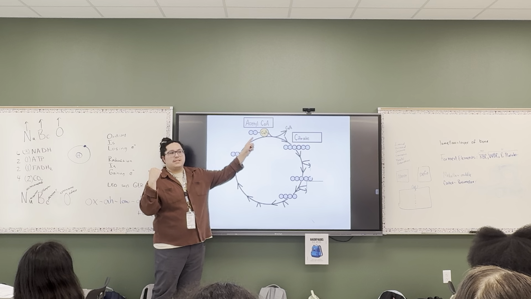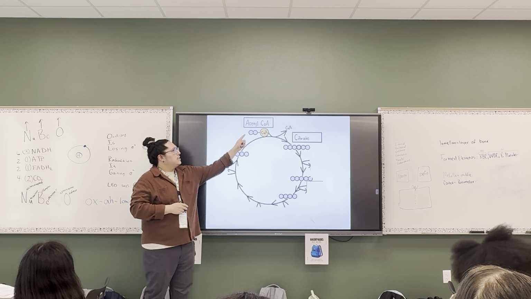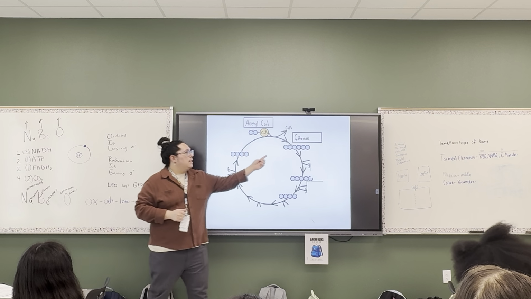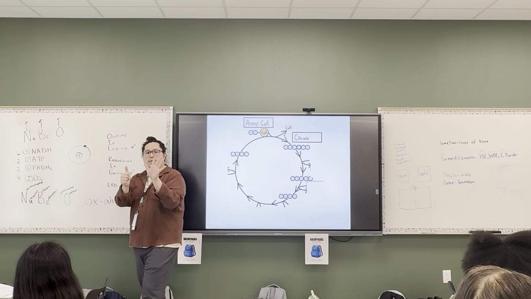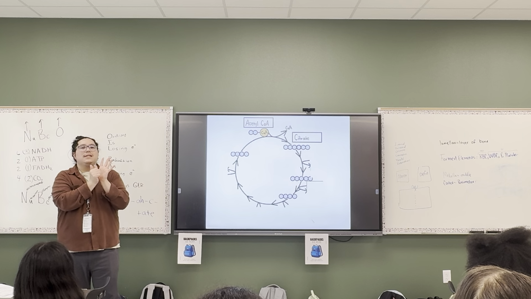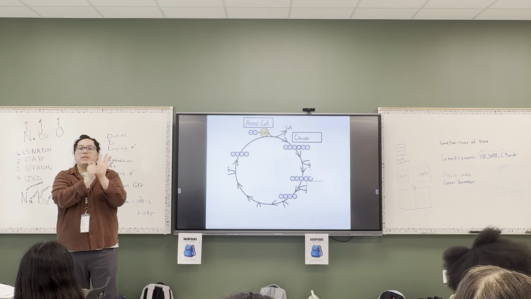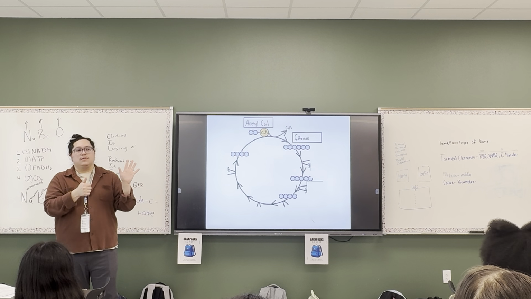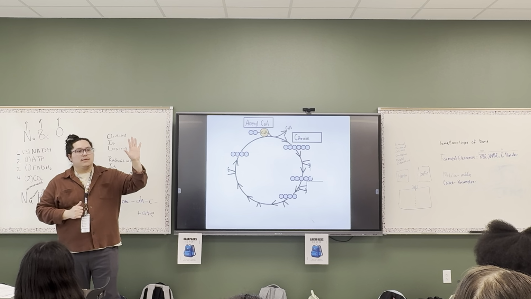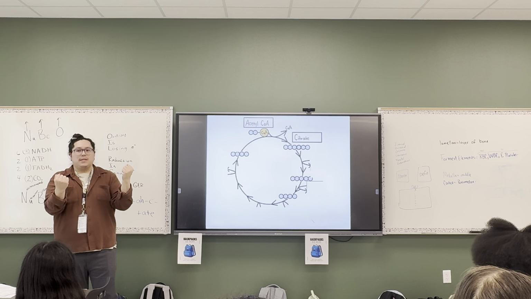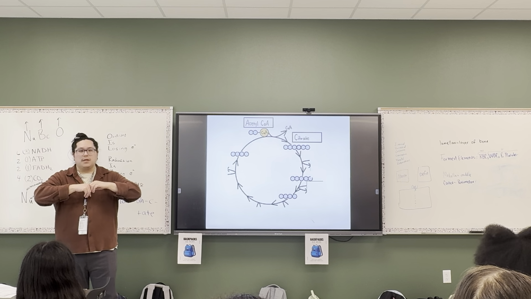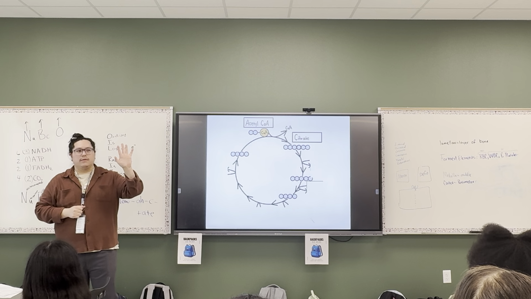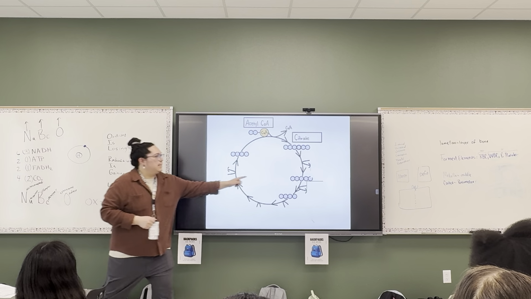One more time. What happens to the CoA? It leaves, it goes back and picks up another 2 carbons. So this 2 carbons and this 4 carbons get combined to form this one that has 6. Then we decarboxylate it, which means we lose a carbon, but that carbon is lost as CO2. So how many do we have now? 5. But when we break something, that energy is released and stored in the form of NADH. Do we keep it as 5?